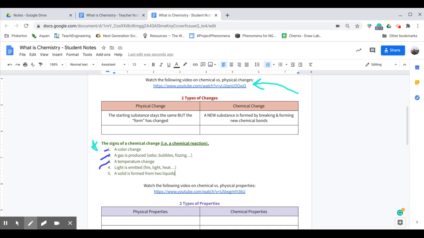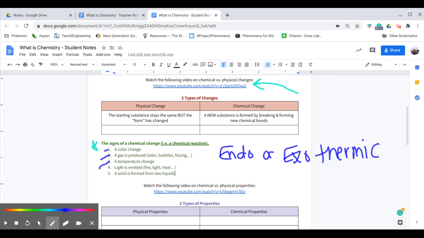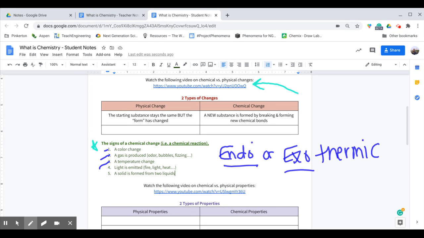A temperature change. So this is known as endo or exothermic, right? So we talked about this a little bit. So temperature change is known as endo or exothermic. So if it's endothermic, it is entering the system, so it is absorbed.